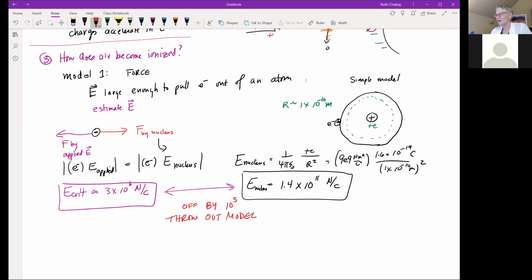The applied field is absolutely not large enough to pull an electron out of the nucleus. So that's probably not how air is going to become ionized. And this is an important and legitimate way of reasoning physically, the idea that you can rule out a model just by estimating roughly what it should be.